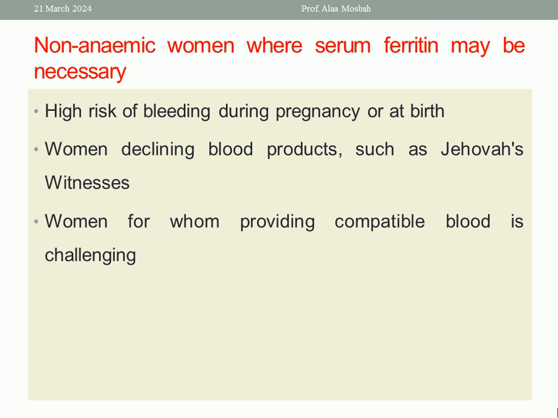If there is difficulty to find compatible blood for transfusion, those women should have a test for serum ferritin, and diagnose iron deficiency anemia early and correctly.